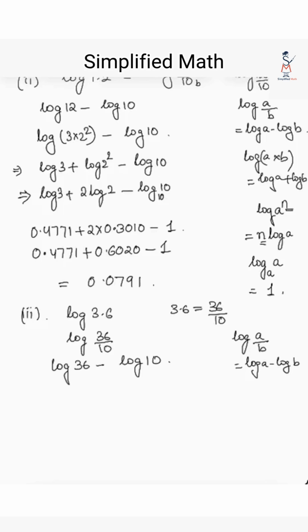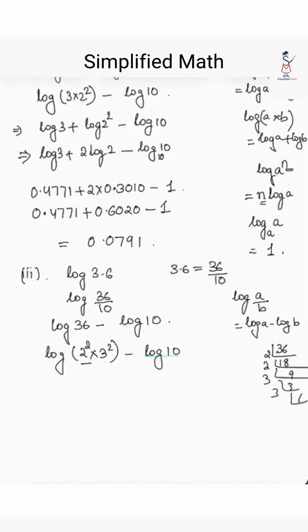Log 36 can be written as, factorize 36. So 36 when you factorize it will become 2 square into 3 square, minus log 10.